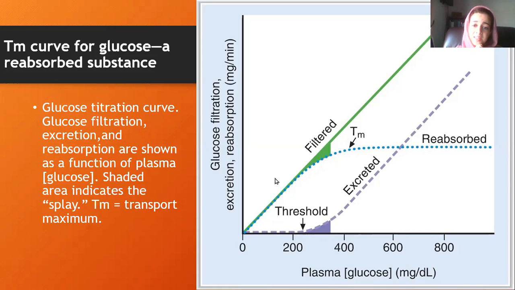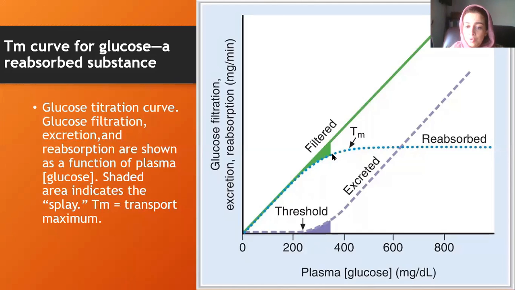So you can see this dotted line superimposing itself on the green line, which means all that is filtered is reabsorbed until this threshold value. This threshold value is the same value at which glucose starts appearing in the urine. And we can see that at that point, our reabsorption rate starts to fall. It's no longer rising like before. Its rise has become slow.